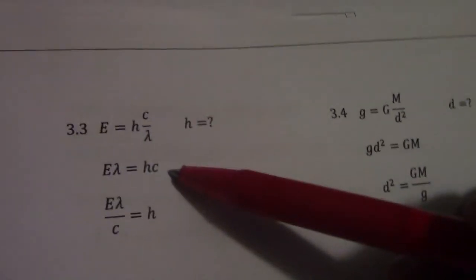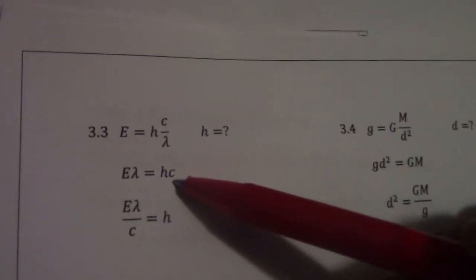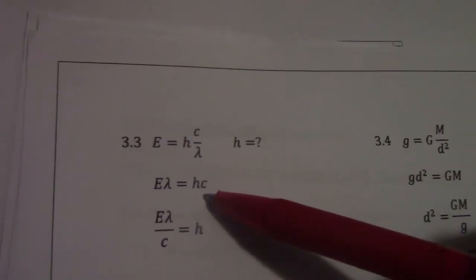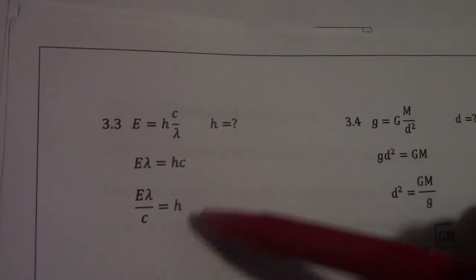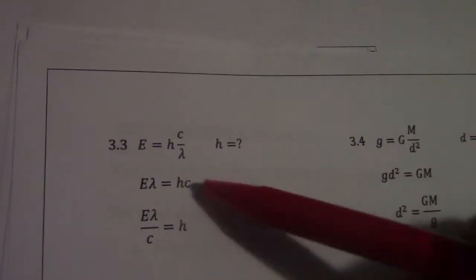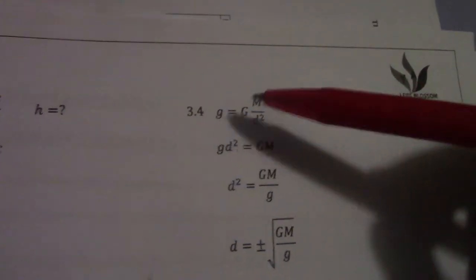I want h to be the subject of the formula, so divide by c. What I do to one side I have to do to the other side, so E lambda divided by c equals h. In grade 10 you will use this just after you've done the electromagnetic spectrum, or wave sound and light.